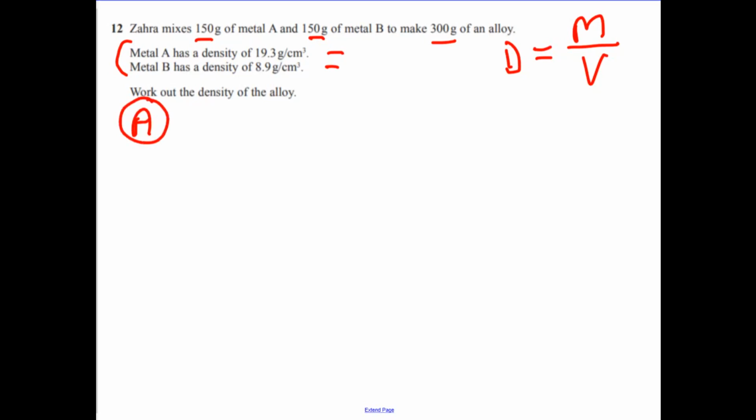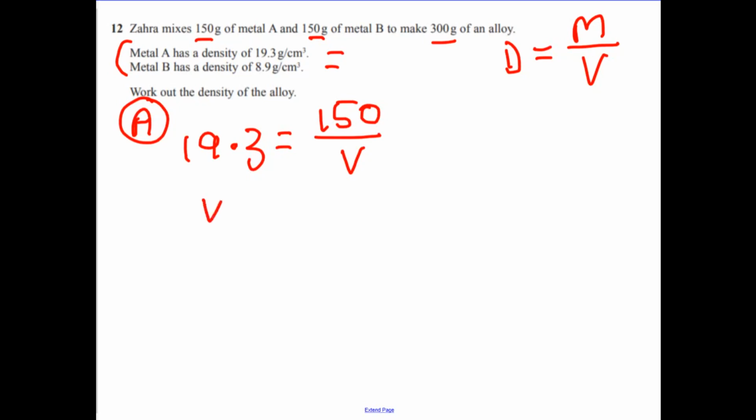So what do we know? We know the density equals 19.3. We know the mass is 150, but we don't know the volume. So I can just rearrange this quite easily.